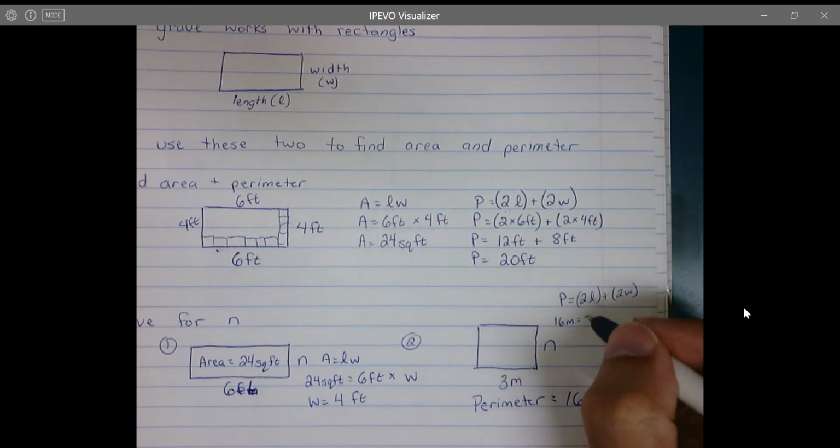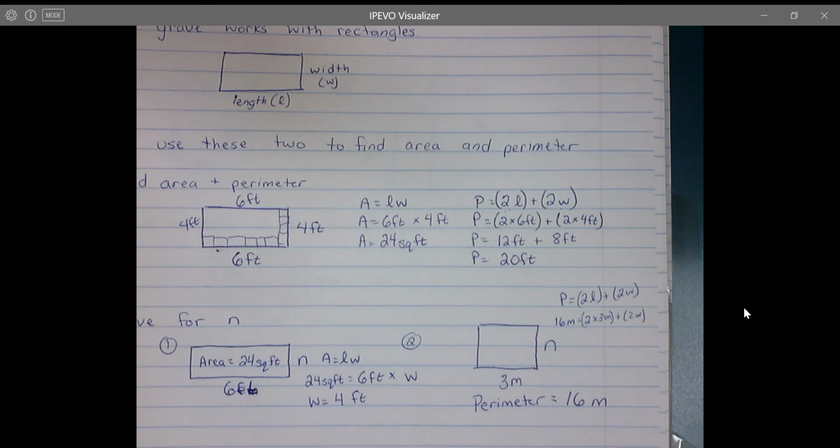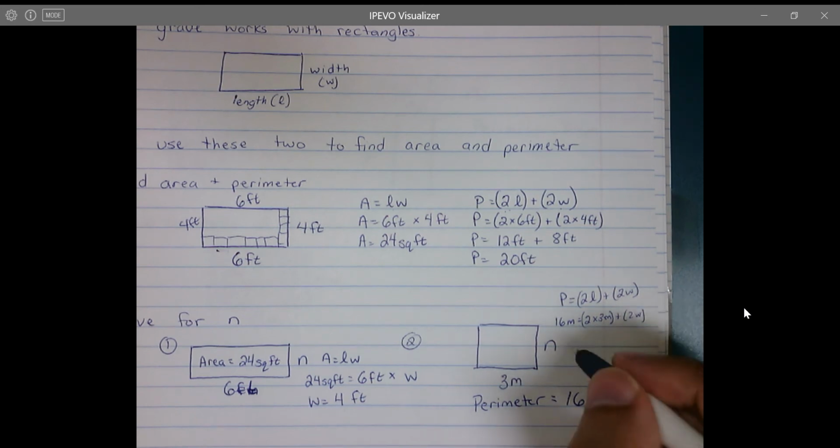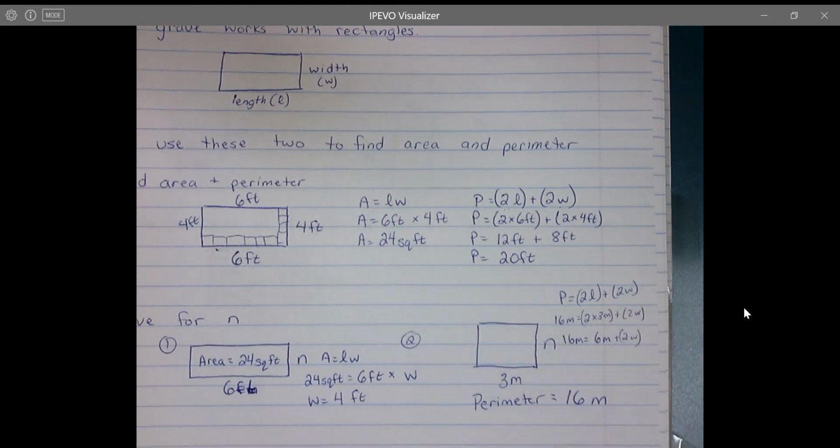That would be 2 times 3 meters plus 2 times something, 2 multiplied by my width. So solving what I can, 16 meters equals 6 meters, 2 times 3 is 6, plus 2w still, double the width.